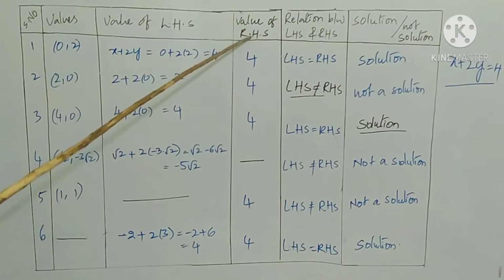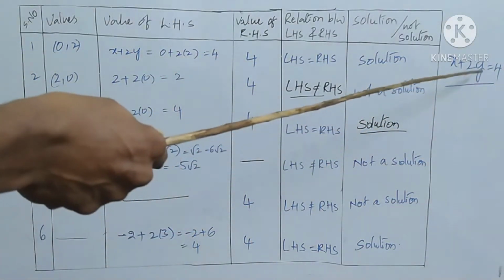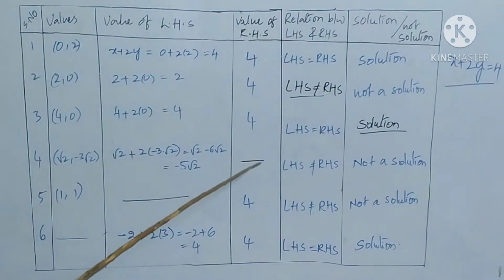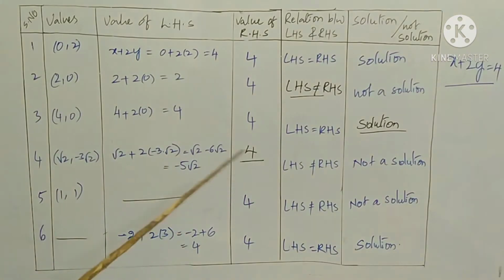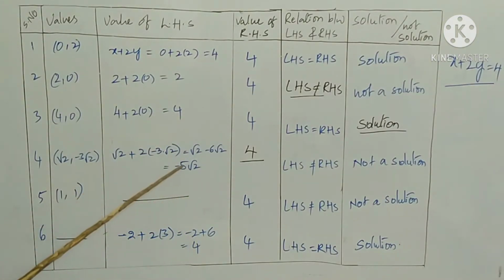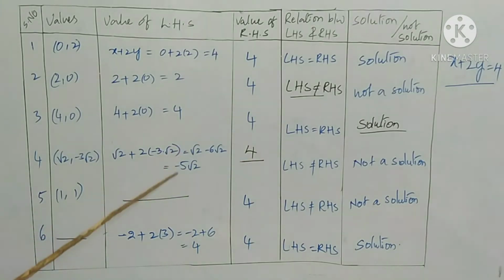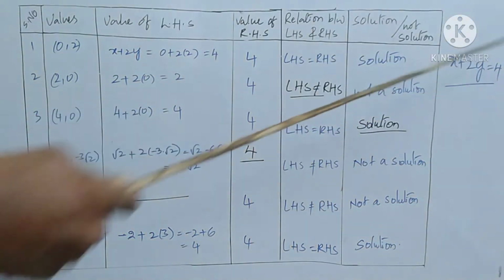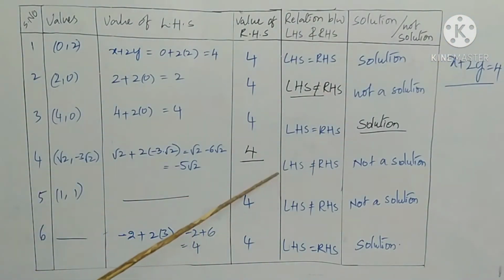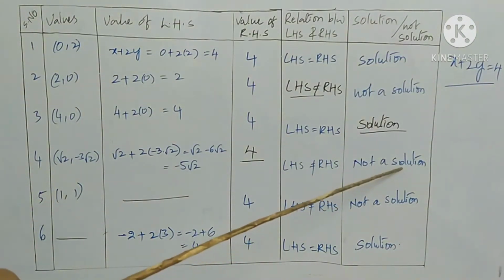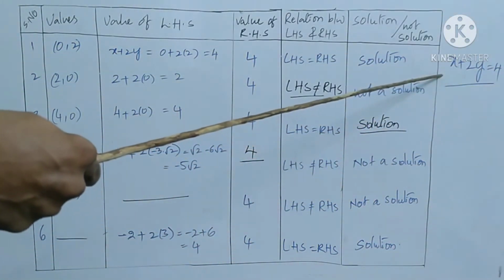The value of RHS in the given equation is 4. So here LHS is not equal to RHS. Here the LHS value is minus 5 root 2 and the RHS value in the given equation is 4. So LHS is not equal to RHS. So the given pair of values is not a solution of the given linear equation.